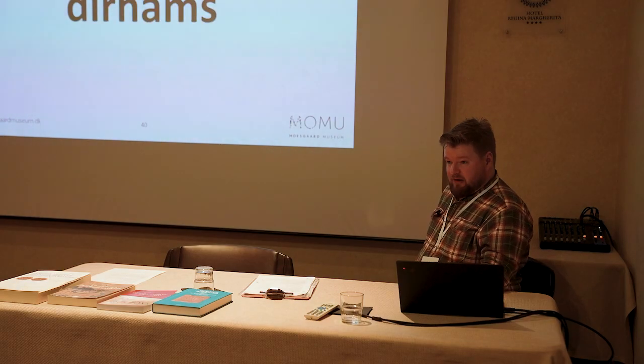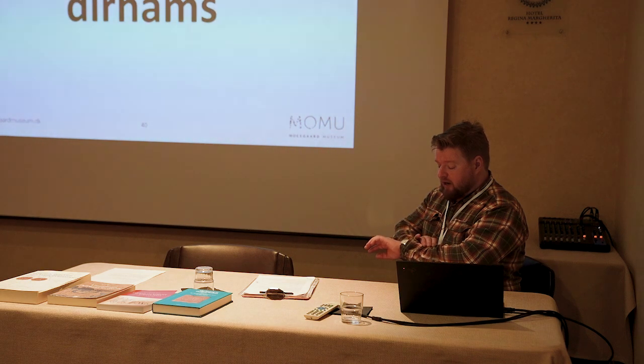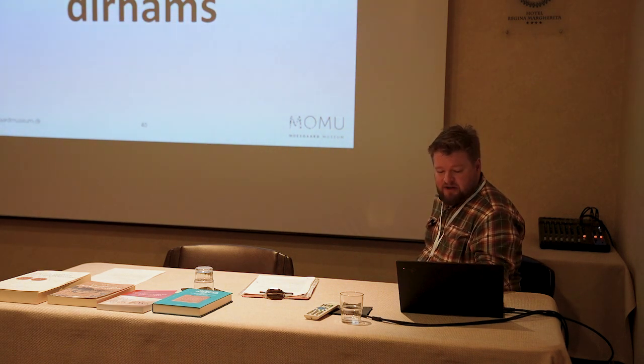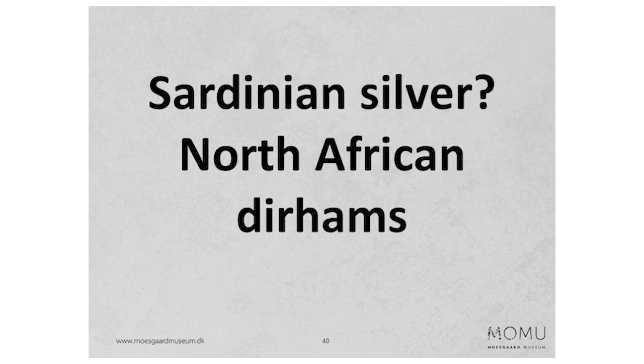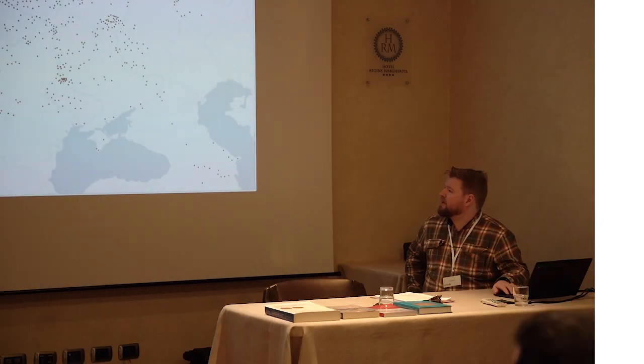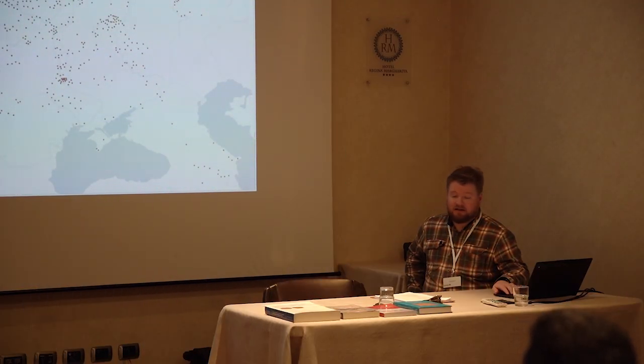So this brings us now to our case studies. The first one is on these North African dirhams. And this is a map showing the distribution of dirhams done by Chris Kilger. And you can see that this takes us way up into Middle, North and Eastern Europe and into Russia.